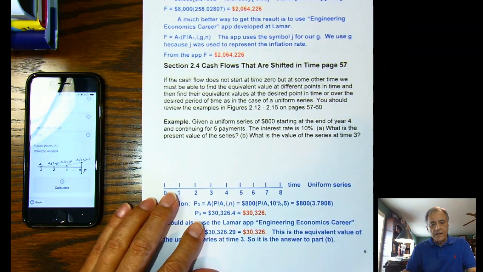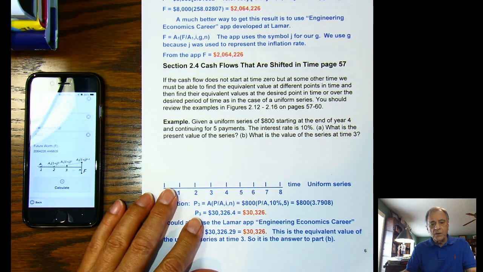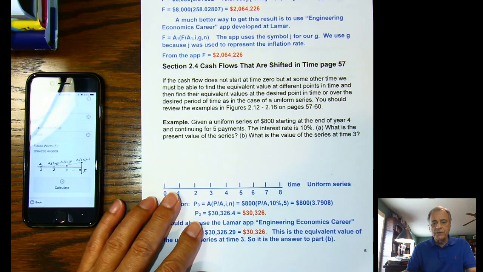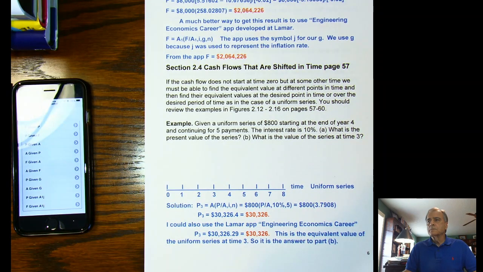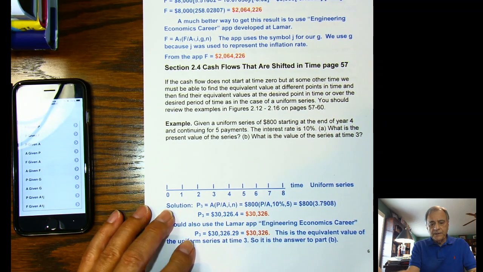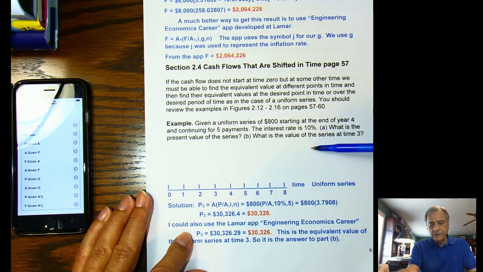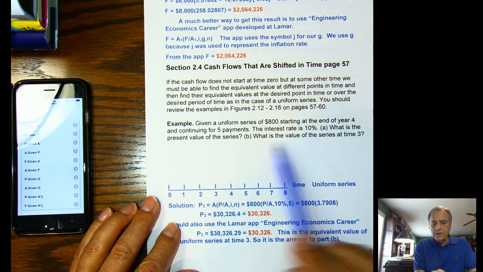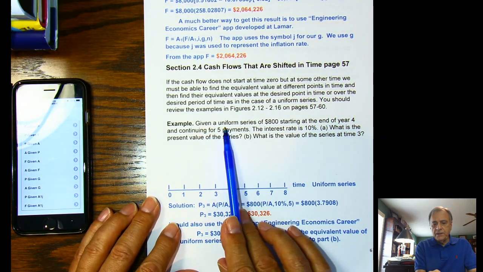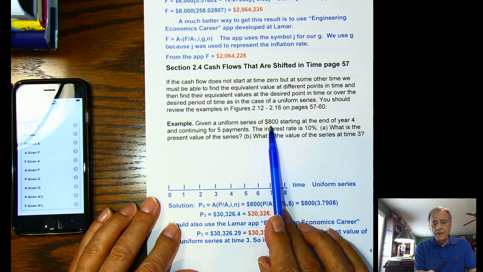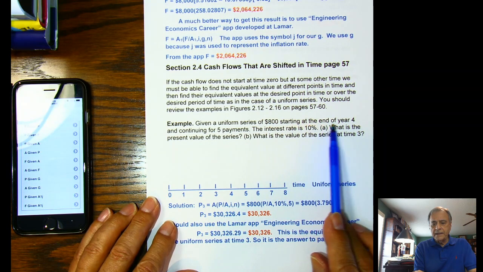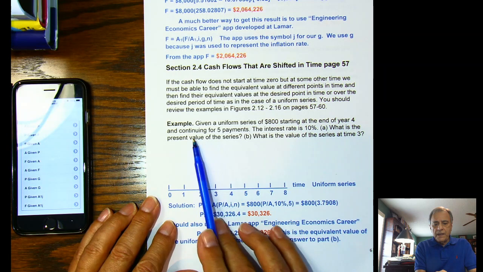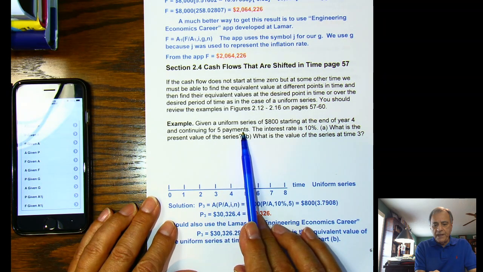And the next section I will go into is section 2.4, which is where your cash flows are shifted. The example that I'm going to use of a shifted cash flow is one that says, given a uniform series of $800 starting at the end of year 4 and continuing for 5 payments.